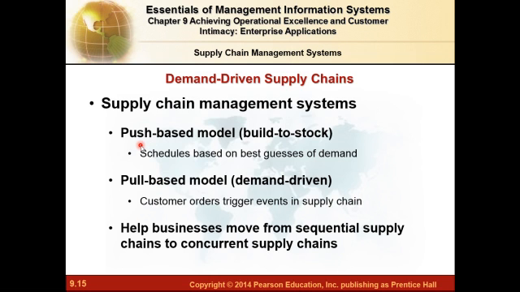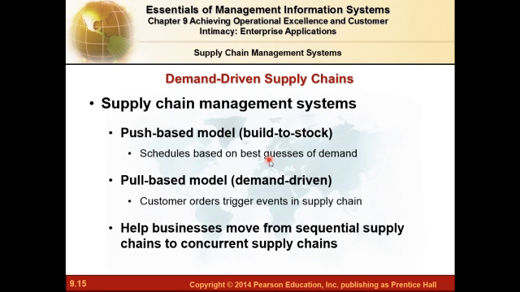Although colors, sizes, and prices may vary somewhat, generally a manufacturer decides what to produce by forecasting what the potential demands might be through a push-based model. Built to stock. Schedules based on best guesses of demand.